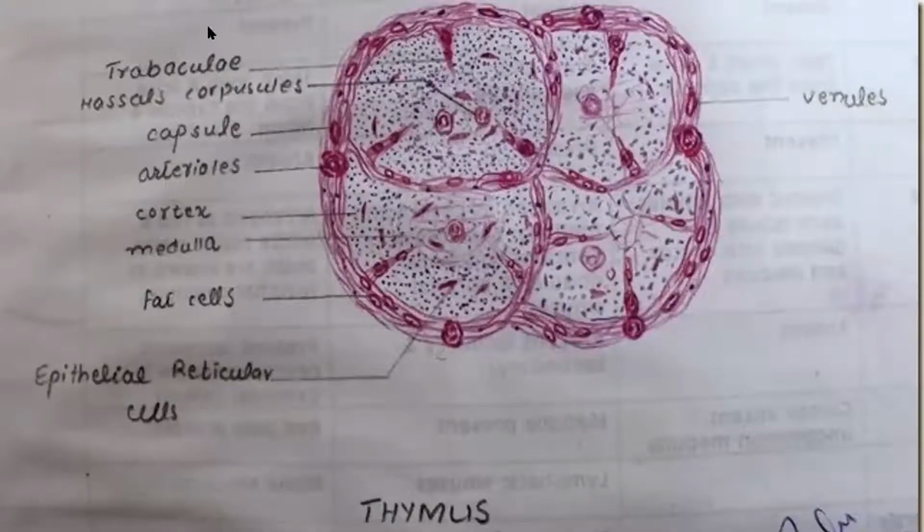This is the drawing of the thymus. This is the cartoon of the thymus. You can see the capsule, the trabeculi which come into the organ, and the trabeculi meet each other and make thymic lobule, and in each lobule we have cortex around and medulla in the center with fewer cells. In the medulla, you can see Hassall's corpuscle or thymic corpuscle.